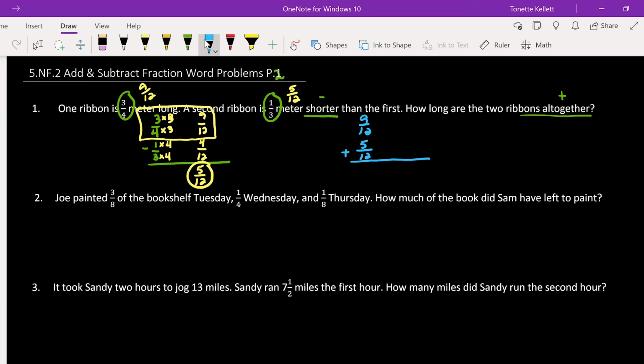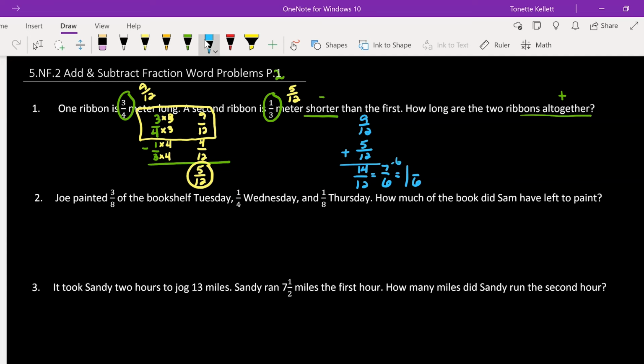The denominators are the same. So actually I don't need to extend my line. I just keep the 12. 9 and 5 is 14. Now that will be too long. I'm going to go ahead and simplify it first and make it a 7 and a 6. I divided by 2 in order to do that. 6 goes into 7 one time.